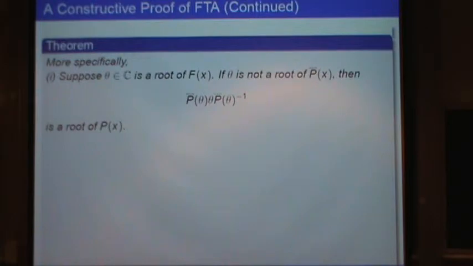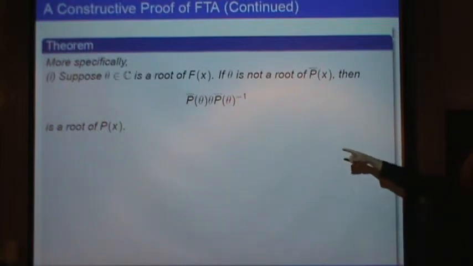More precisely, here is really the story, a simple proof of the fundamental theorem of algebra for quaternion polynomials. Suppose theta is a root of f of x. Then, if theta is not a root of its conjugate, then this number is a root of P of x.